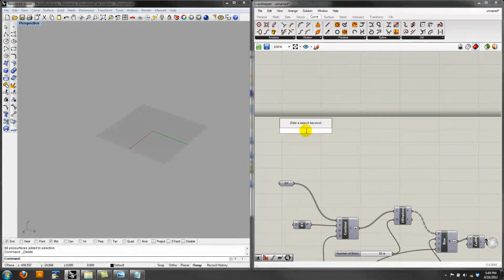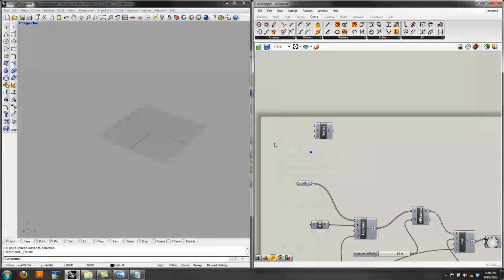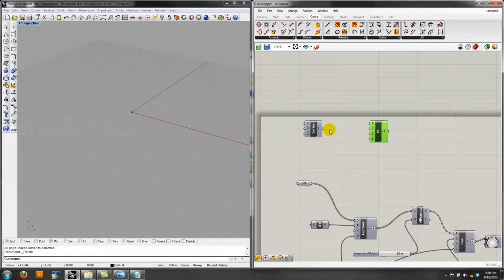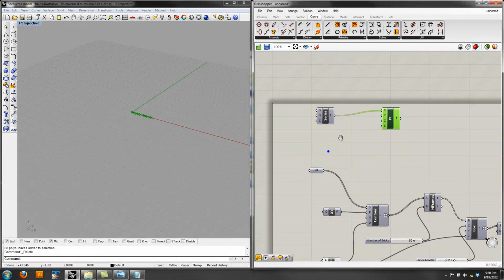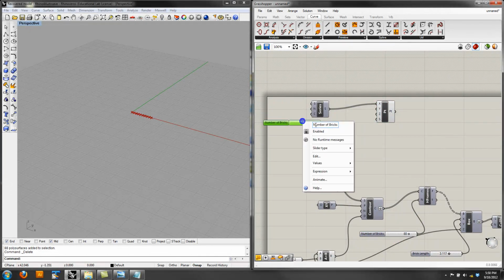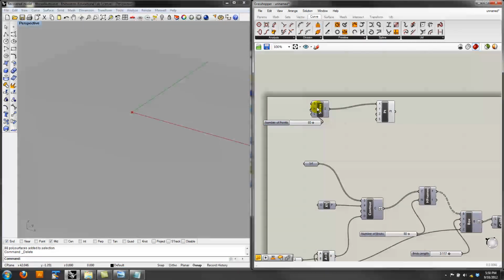Let's just start raw. And remember how we do this? This is a pattern that we use all the time. Take a series and some points. And we start by plugging in some points. And I'm actually just going to go ahead and say number of points. Oops, it's actually this.